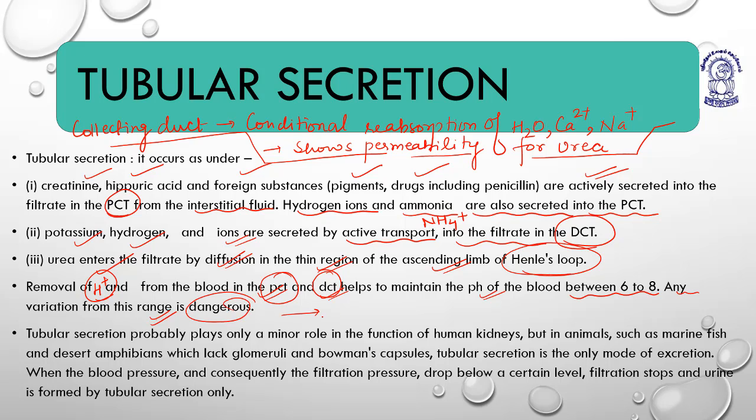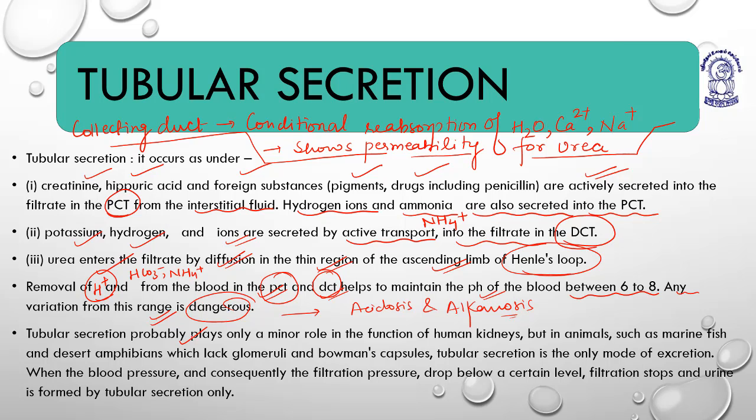It can lead to acidosis or alkalosis. More removal of H plus can lead to alkalosis. More removal of bicarbonate ions or ammonium ions can lead to acidosis. So maintenance of the pH of blood is very important, which is actually done by tubular secretion.